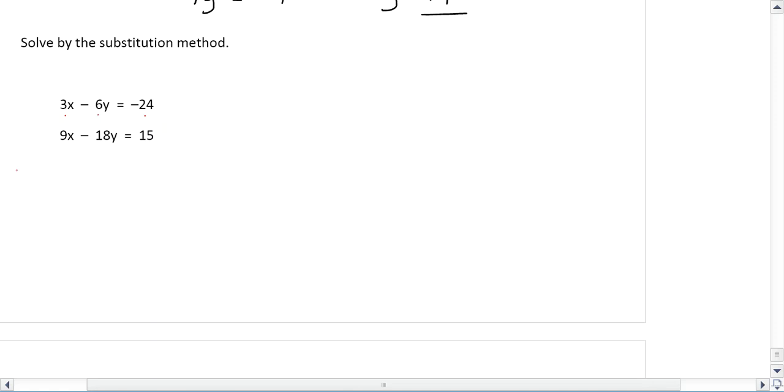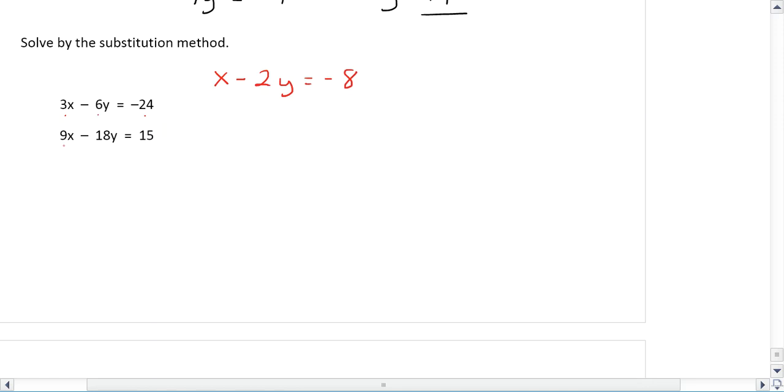You can multiply an entire equation by a factor and you still have the same line, and likewise you can divide this equation by the same factor and it's still the same line. There's an infinite number of ways to write the equation of a line, and we're just interested in reducing this and making these numbers a little easier to work with. So I'm going to divide this first equation by 3, like I said, just to make my life easier.